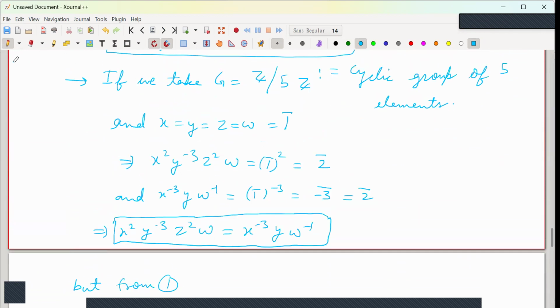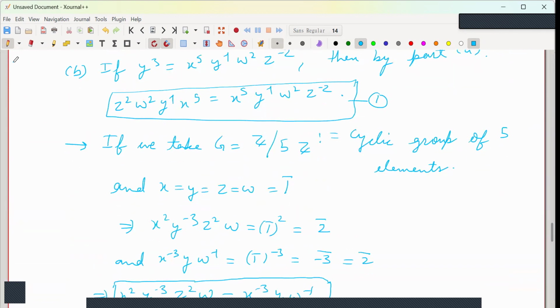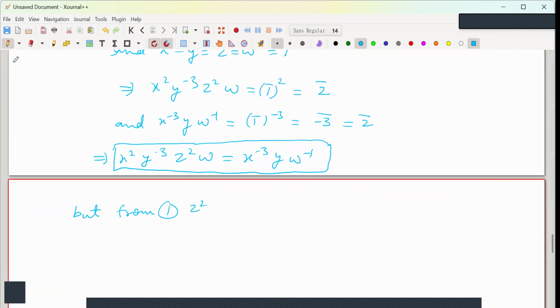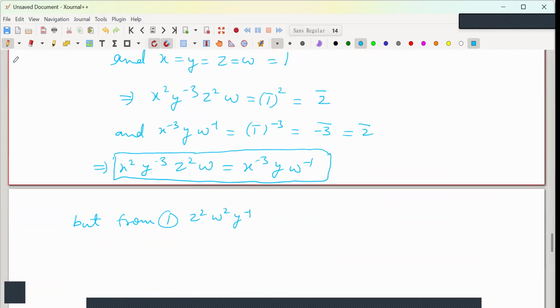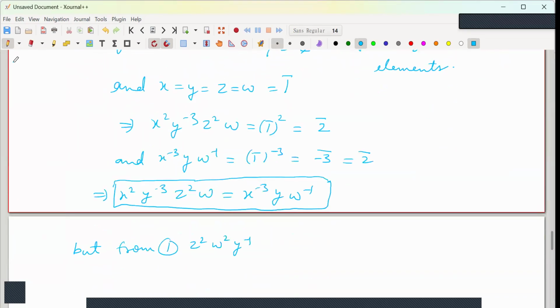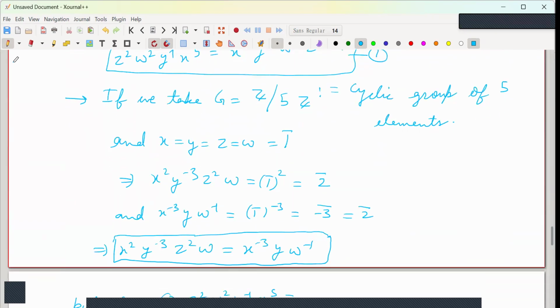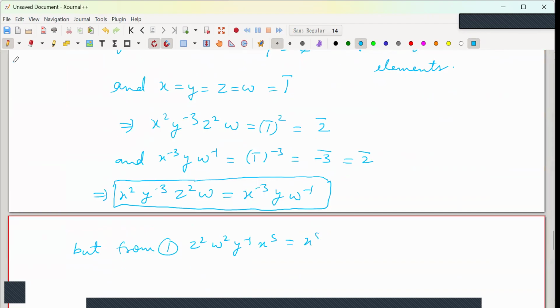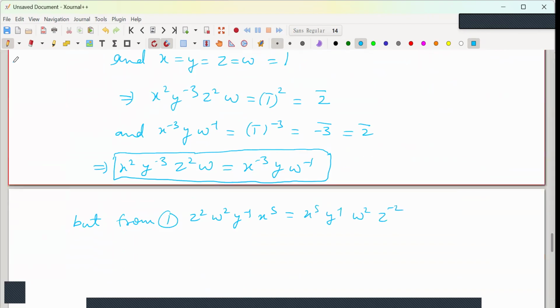You have z square w square y minus q1 x5 equal to x5 y inverse w square z minus 2.